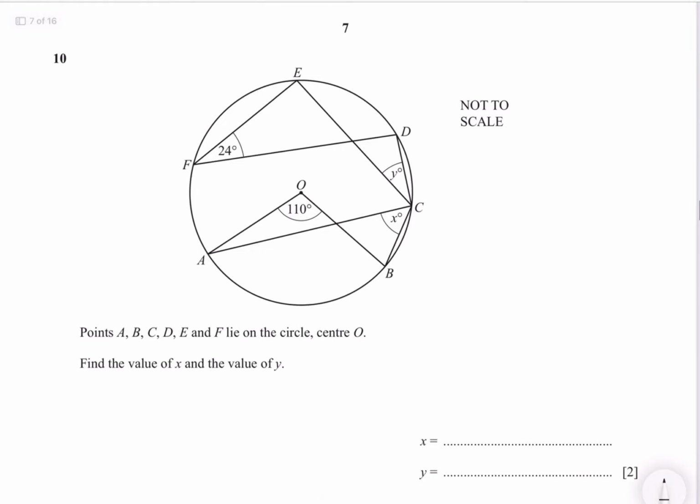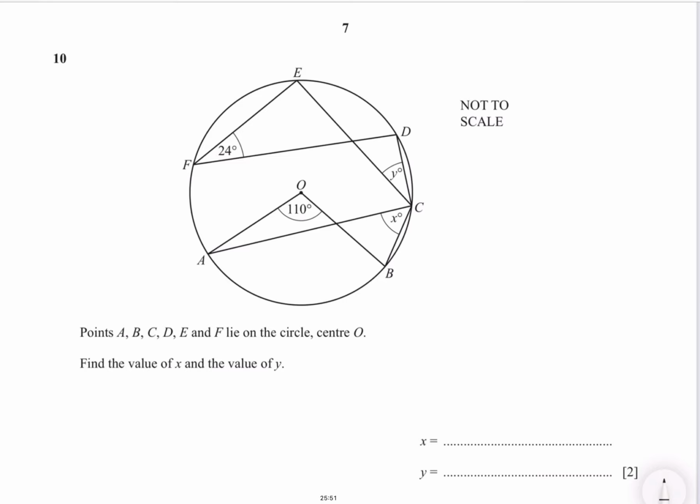Question number 10. Find the value of x and the value of y. So in the diagram, OA, BC, O is the midpoint of this circle.